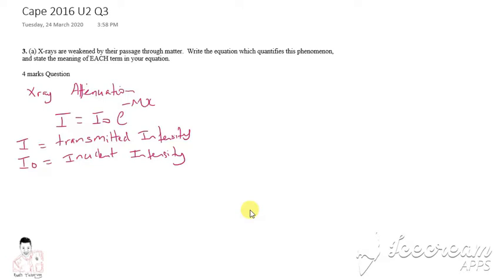Good. Then we don't have to define e, but e would be your exponent. Now mu is basically like a constant, but that now is going to be our linear absorption coefficient. And what this really tells us is basically every material has a different absorption coefficient.